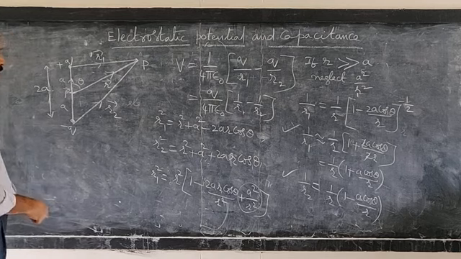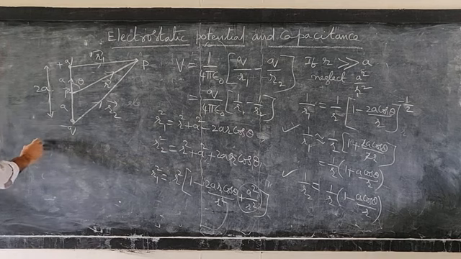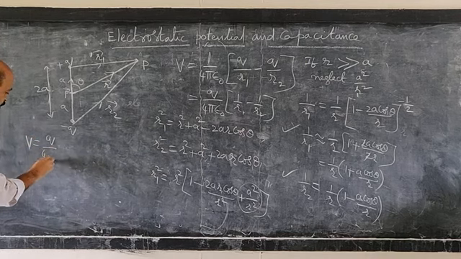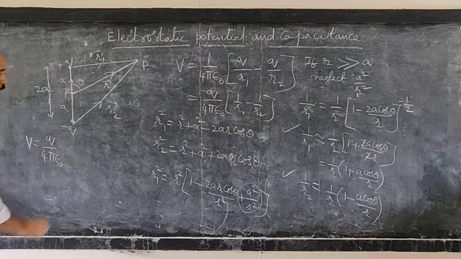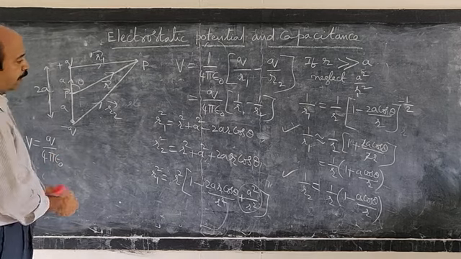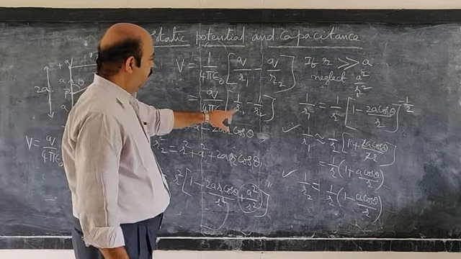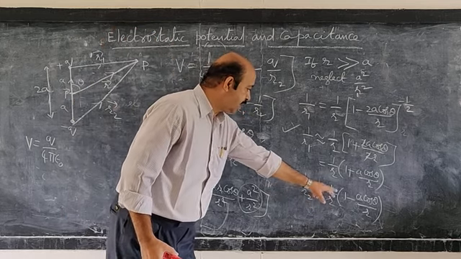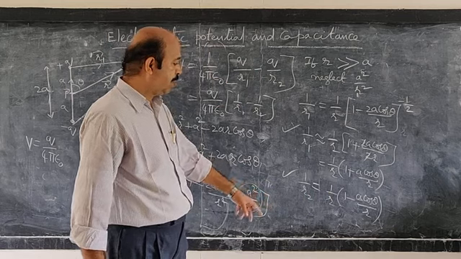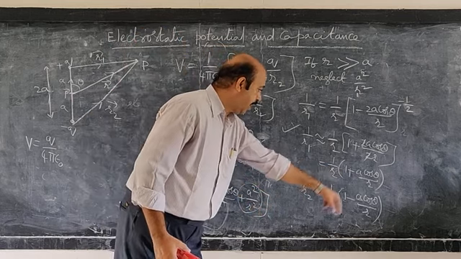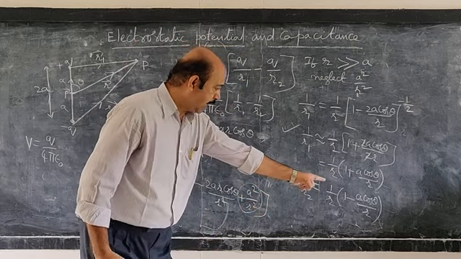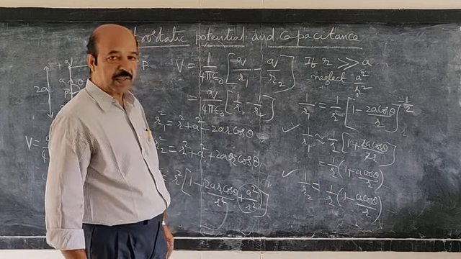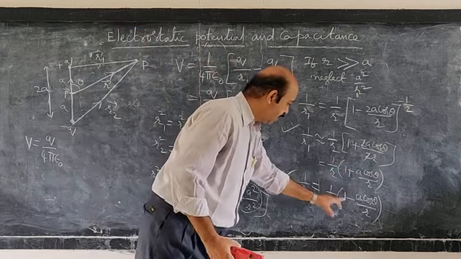So then what will that be? V is equal to Q by 4 pi epsilon naught. See here, 1 by R1 minus 1 by R2 means this one gets cancelled. What remains is a cos theta by R square, and here minus of minus plus a cos theta by R square, because this one gets cancelled.